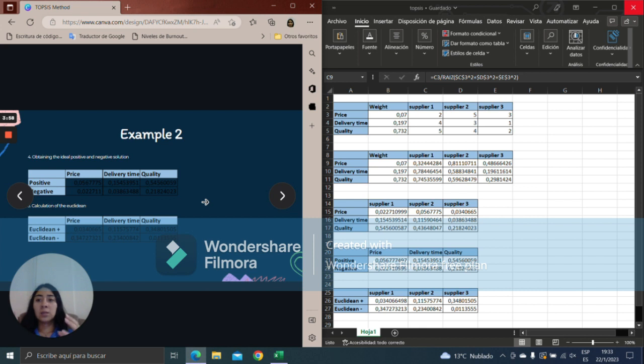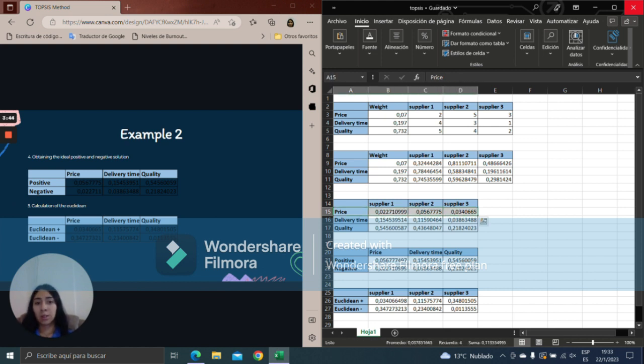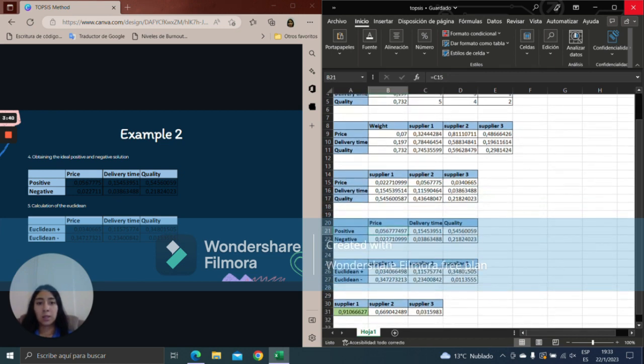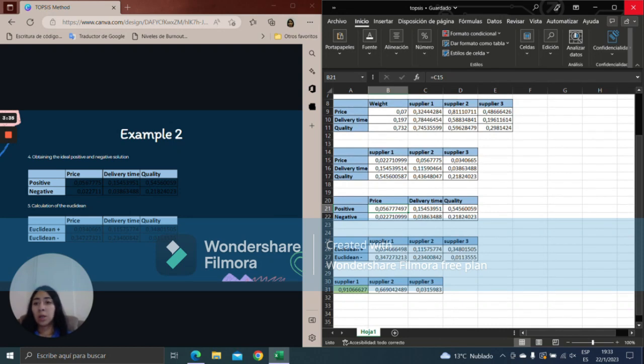Then we need to obtain the ideal positive and negative solution, and we only choose the higher and the smaller number of each category of each criterion. And we can see the three criteria and the positive and negative. Then we need to calculate the Euclidean distance, and here we take into account the suppliers, and we can see the formula.